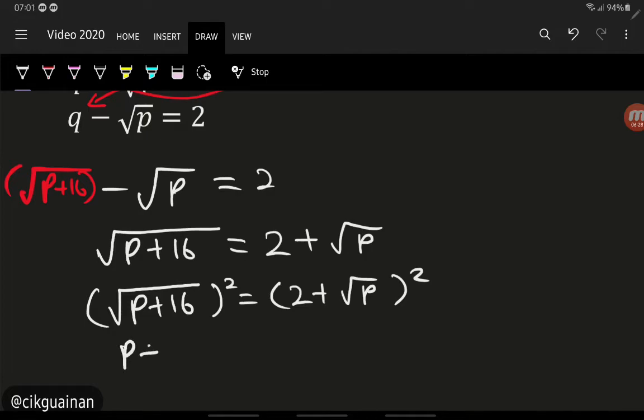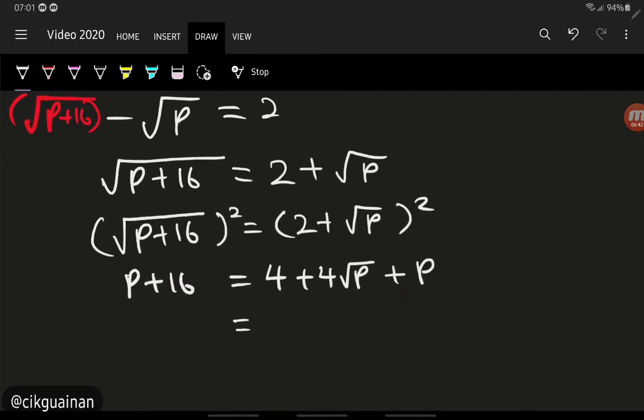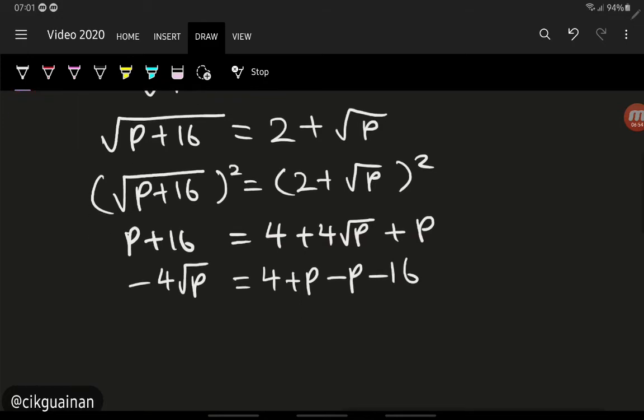This one simply p plus 16 equals 4 plus 4 square root of p plus p. Now we isolate the square root over the left hand side, minus 4 square root of p, and then 4 plus p minus 16.